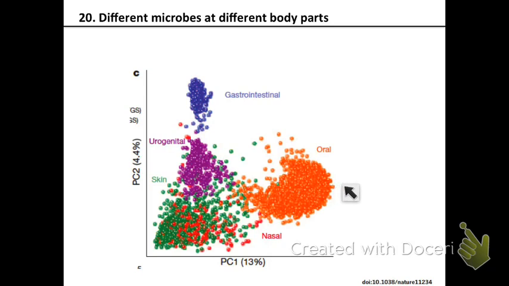So all the samples coming from oral samples are basically clustering together. What this means is that for each of these samples taken from the mouth, the types and kinds of bacteria are similar to each other, right? And different from the samples that are taken from gastrointestinal places, right?